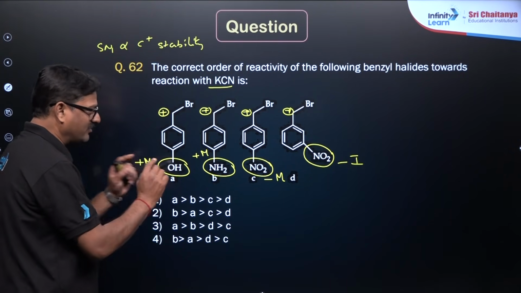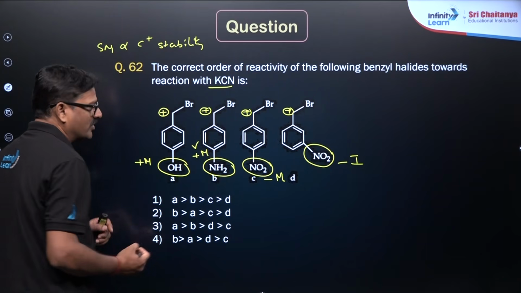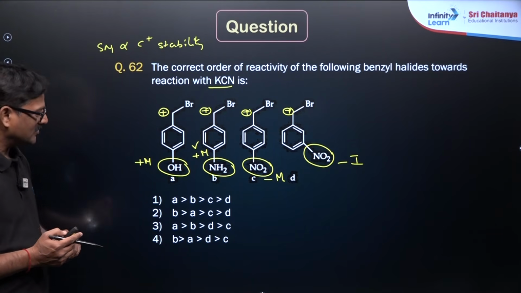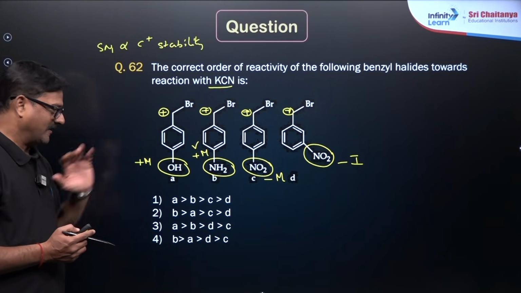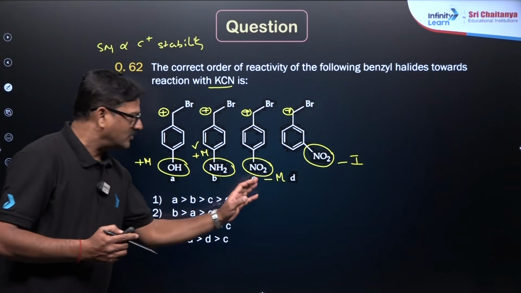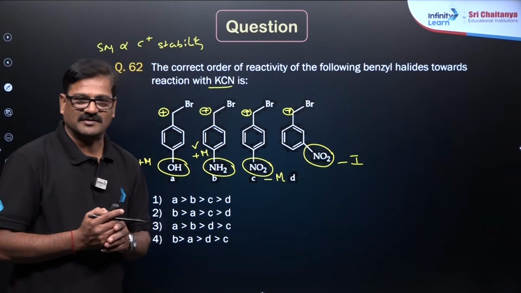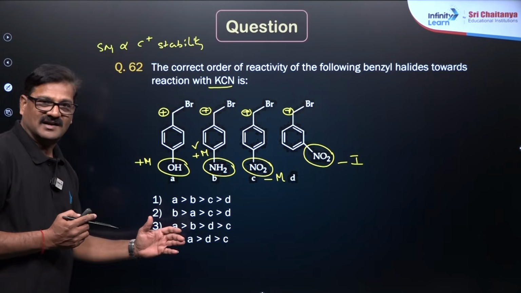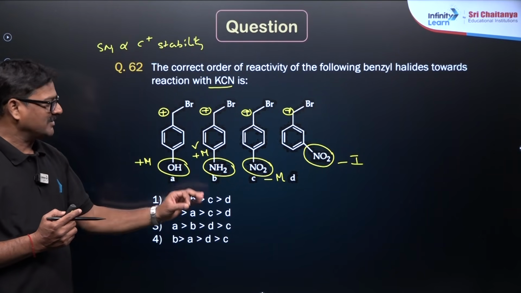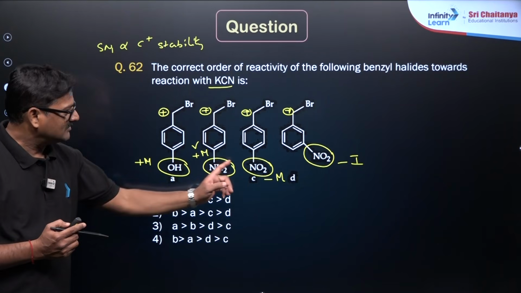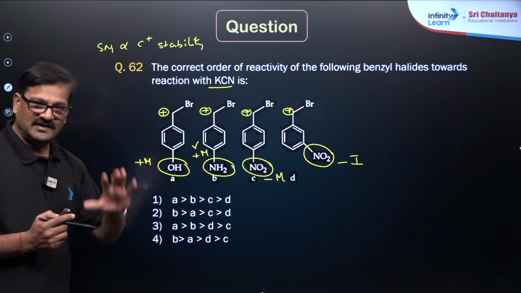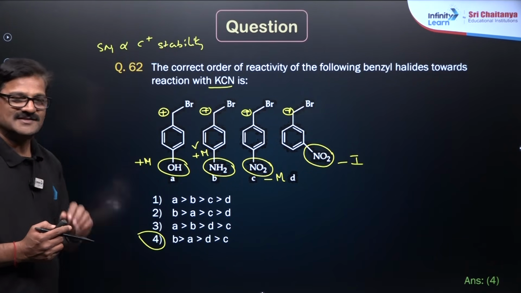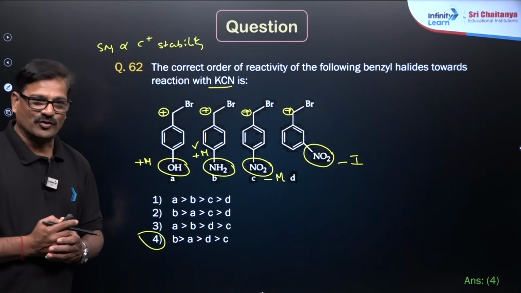Among A and B, the positive mesomeric effect is going to be strong for the NH2 group, so B is going to be more as compared to A. And as compared to negative mesomeric effect and negative inductive effect, this is a weak effect, so D is greater than the rest. The least reactive is going to be the para nitro group. So I want to say C is the least reactive. So the answer for this question is going to be 4.